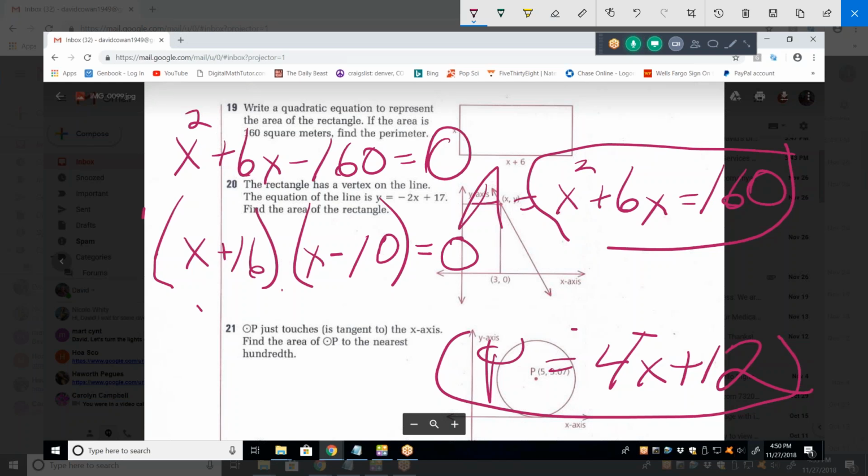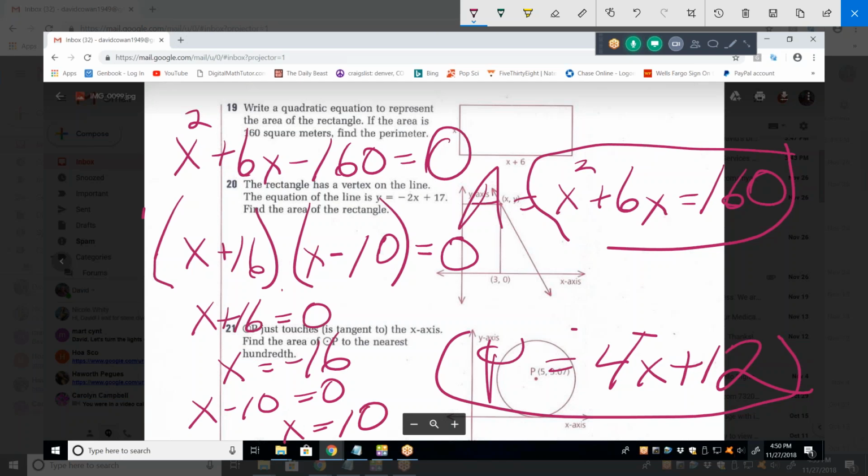So I'm going to set x plus 16 equals 0, which means x would be negative 16. Or I'm going to set x minus 10 equal to 0, which means x equals 10. Now, which of those solutions is impossible?